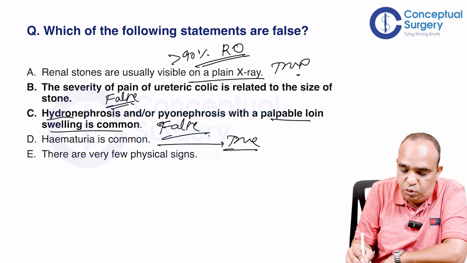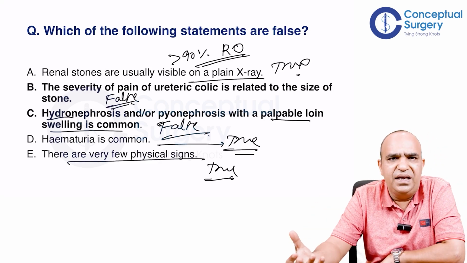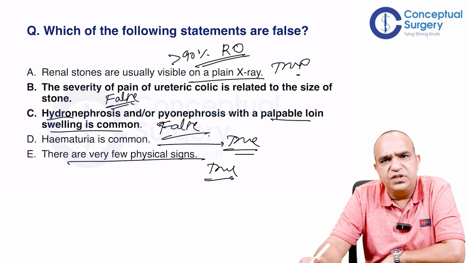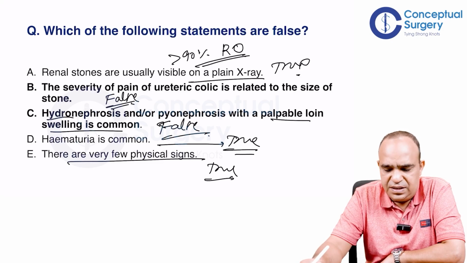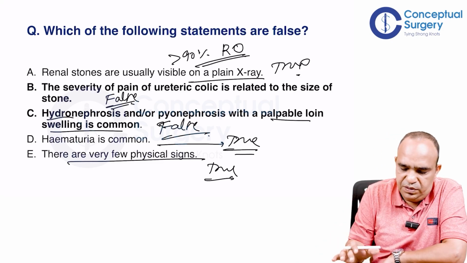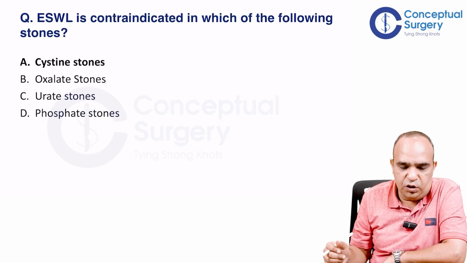Hematuria is common, true. Very few physical signs, true. Mainly symptoms, pain, sometimes fever because of associated UTI, right? Sometimes vomiting because of reflux. Okay, so this is about the renal stones. Now, this also we have already seen.